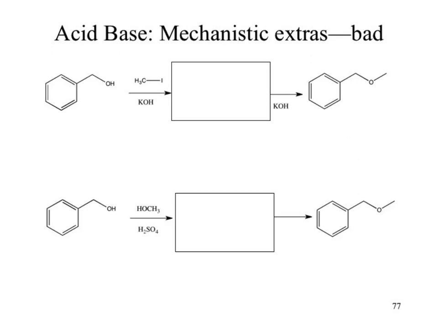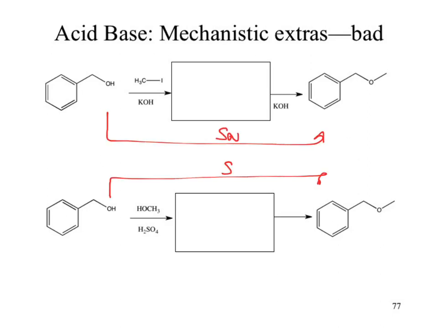If we go through and run this reaction in both cases, okay, it looks like we're running what kind of reaction? Beginning to end is a substitution. Okay. We could go through and say, well, this attacks here, kicks that out. I would have this as an intermediate.